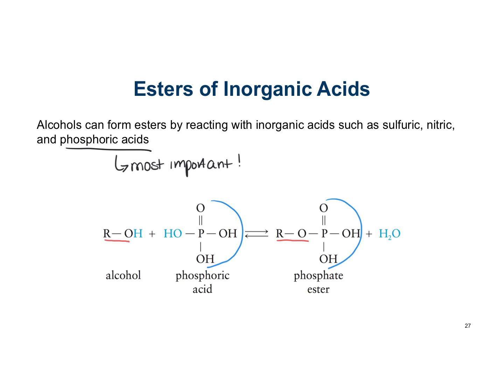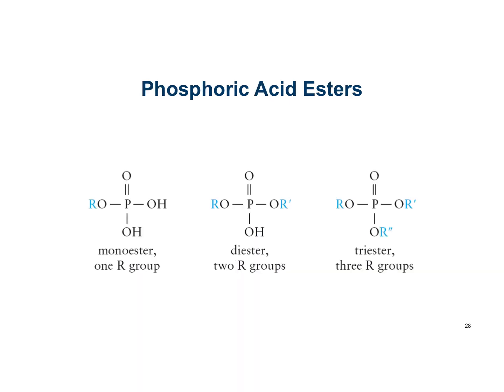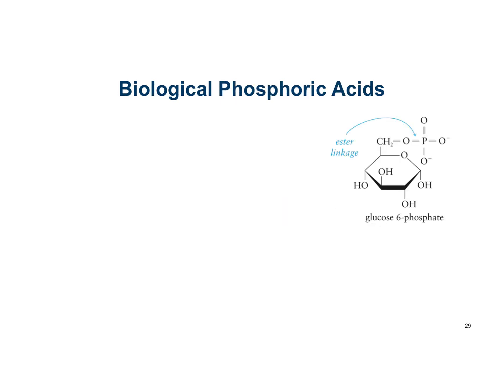Now, I want you to notice phosphoric acid has 3 hydroxyl groups here, 3 OH groups. And because of that, it can form a mono, di, and triester. When we talk about these biological phosphoric esters, mono and diesters are very important biologically.